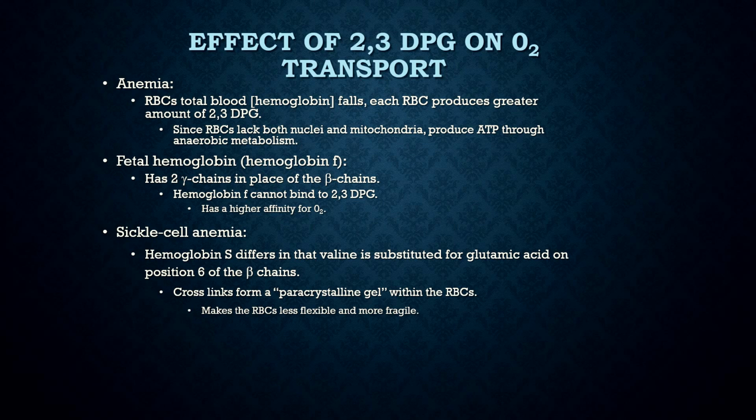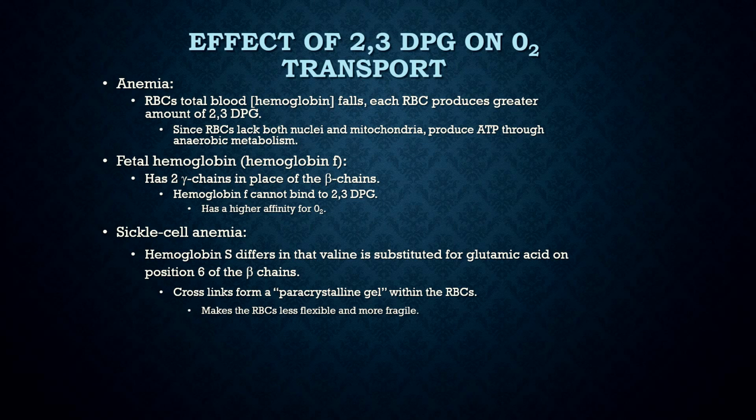So fetal hemoglobin, or hemoglobin F, has 2 gamma chains instead of the 2 beta chains, and hemoglobin F cannot bind to the 2,3-DPG and thus has a higher affinity for oxygen.